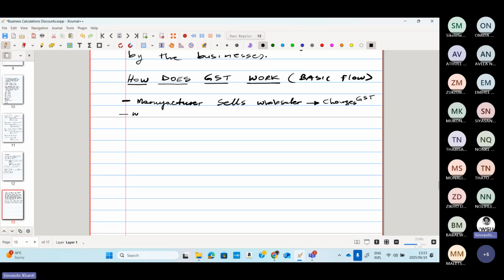And then the wholesaler will sell to a retailer, to the store, because usually the manufacturer is going to manufacture so many things and sell them in bulk, and then the wholesaler will also collect this at the cheaper price and sell them in bulk to these big shops, and these shops are the ones that will sell to you.